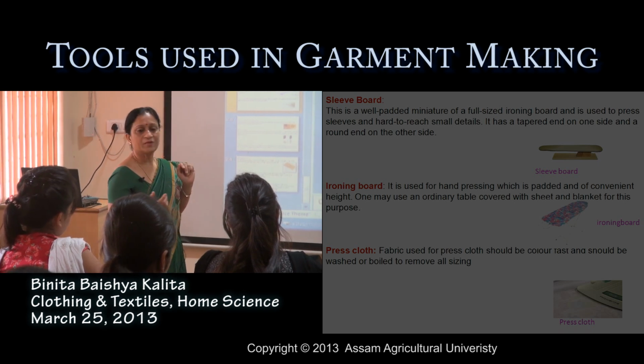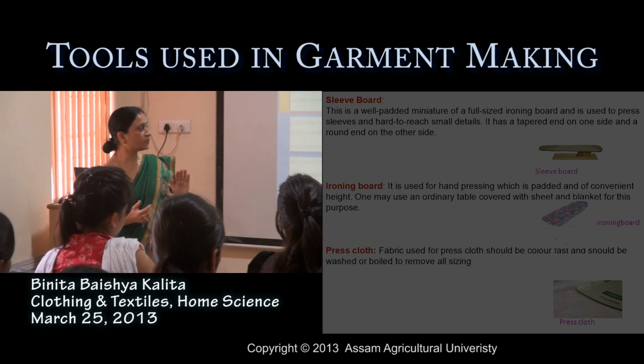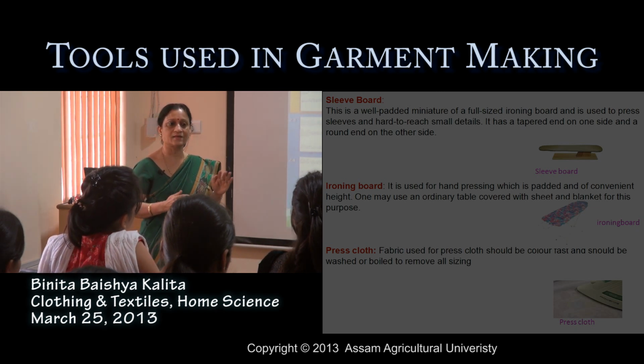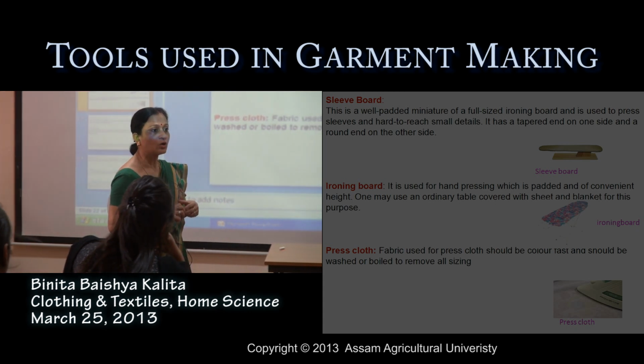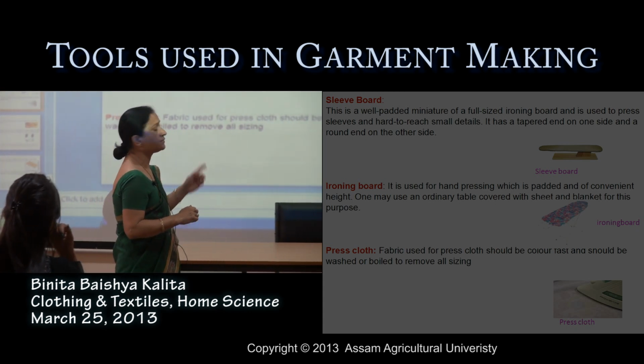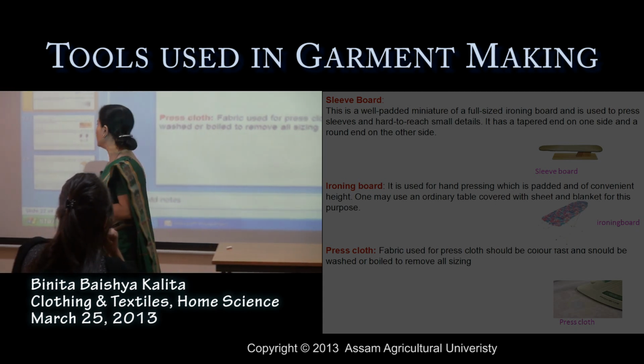So the top material of the ironing board is very important, and the height and size of the ironing board are important. According to your convenience, you have to select the size of your ironing board.